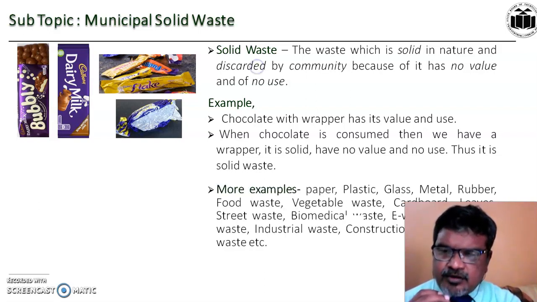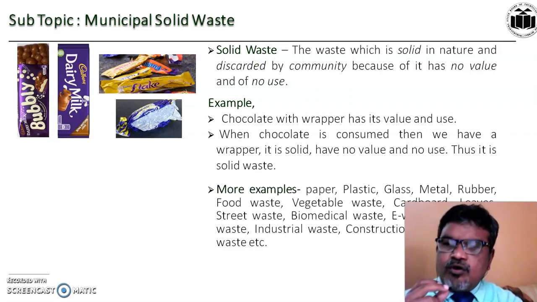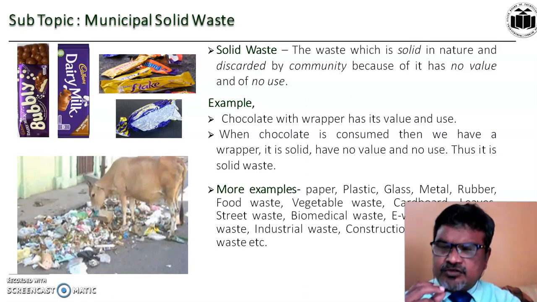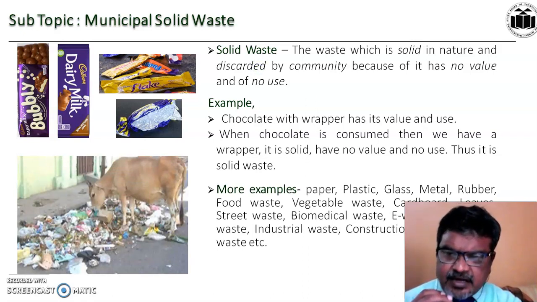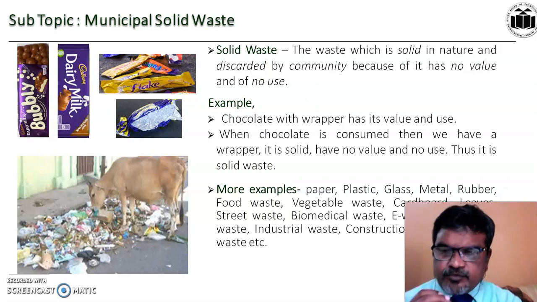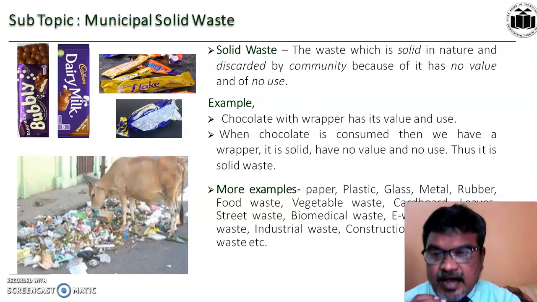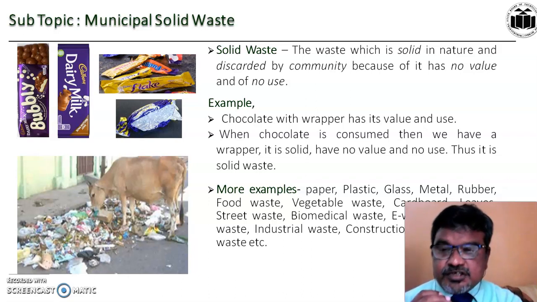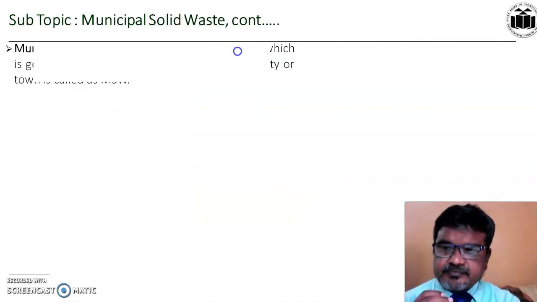Yes, very good. So now let us have more examples of solid waste, that is paper, plastic, glass, metal, rubber, food waste, vegetable waste, cardboard, leaves, street waste, biomedical waste, e-waste, agriculture waste, industrial waste and construction and demolition waste.